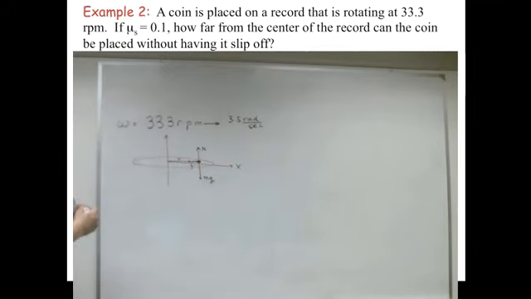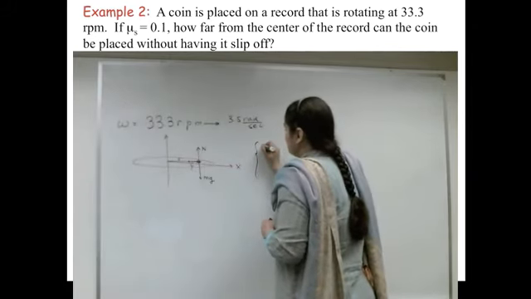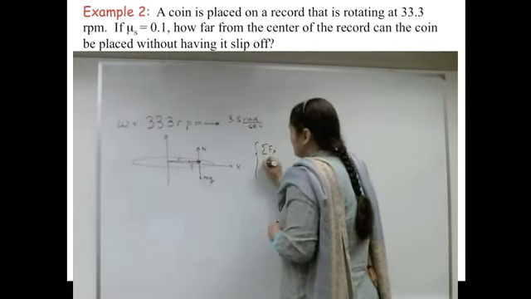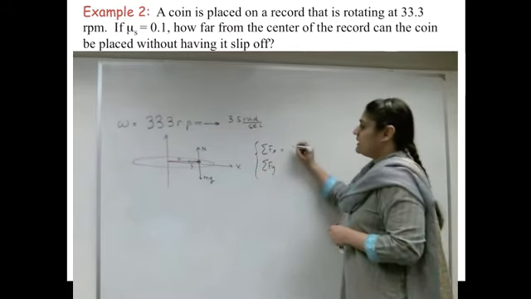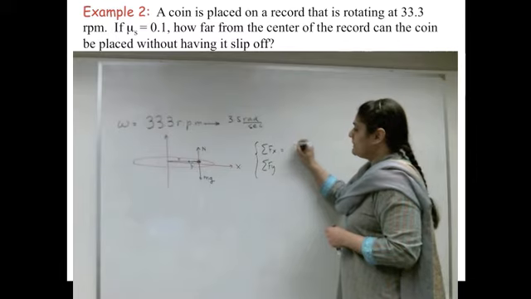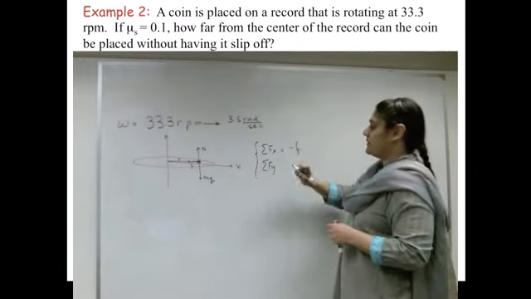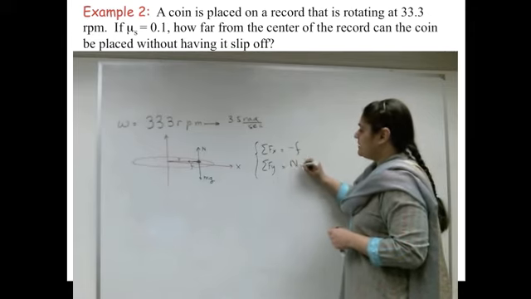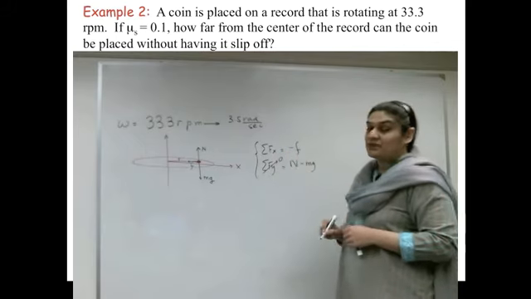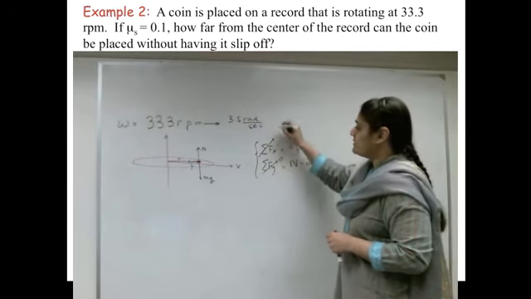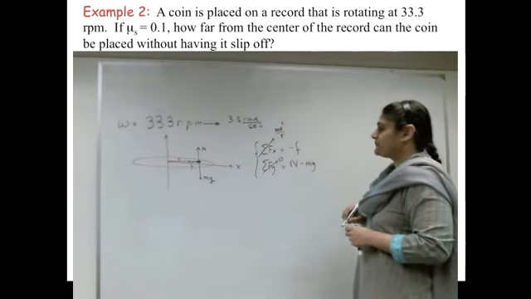Okay? So then let's write the force equations as we always do. There's going to be two of them, sigma Fx and sigma Fy. Sigma Fx is going to be equal to minus f, because it's pointing that way and I chose my x to be pointing this way, and sigma Fy will be N minus mg. There is no acceleration along the y-axis, but this one will become m v squared over r.